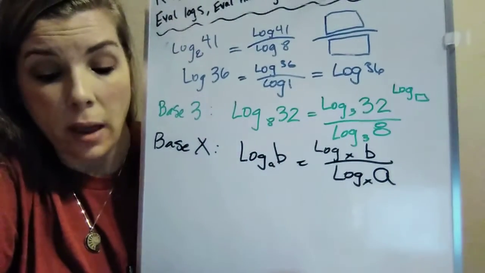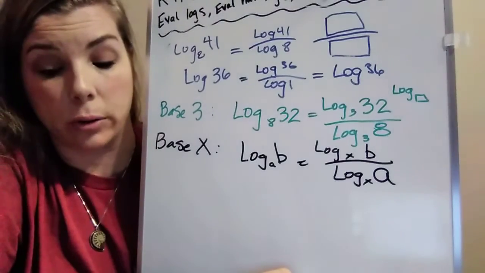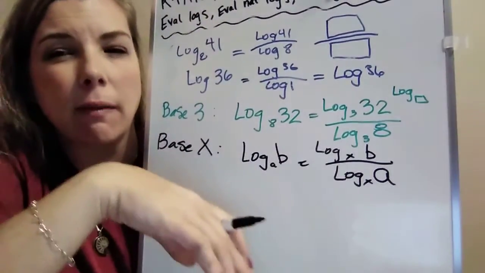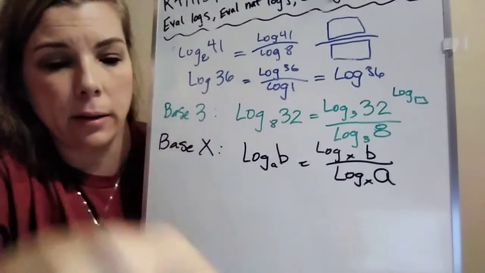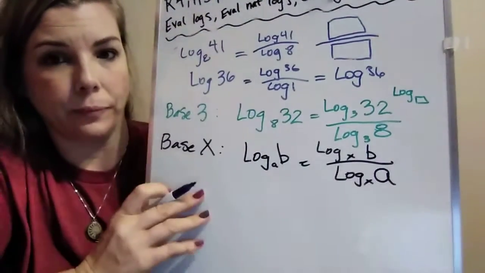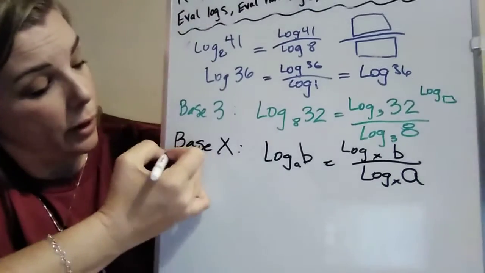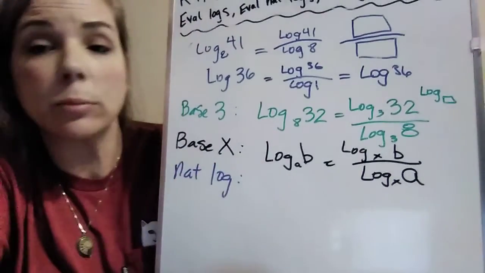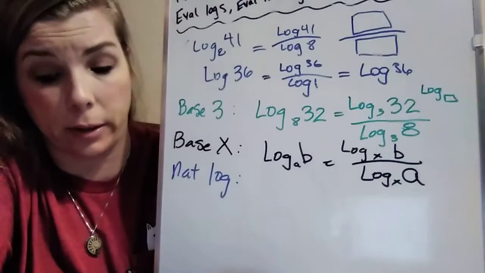Okay? Now, what if it has a natural log? We want to use the ln button like we just did in the last section. Okay, so let's try that. So if it had a natural log, remember, we're just moving things around. That's all we're doing.